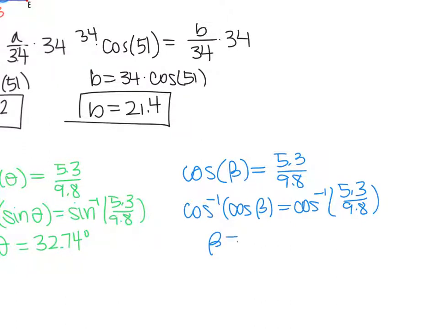And we get beta equals 57.26 degrees. And again, I probably would have gotten the exact same answer if I'd used the triangle sum theorem, but just to be on the safe side, we're going to be exact in our answer.